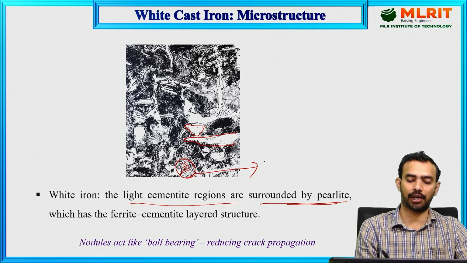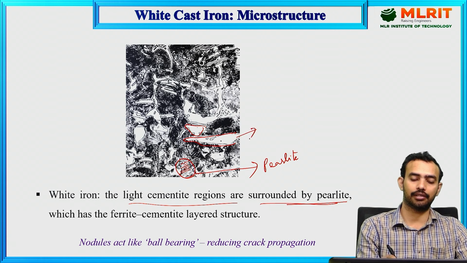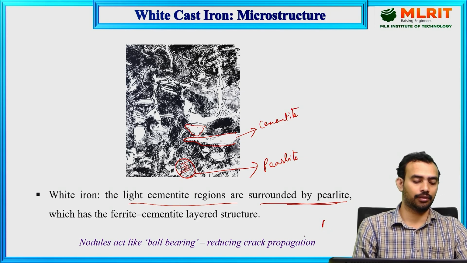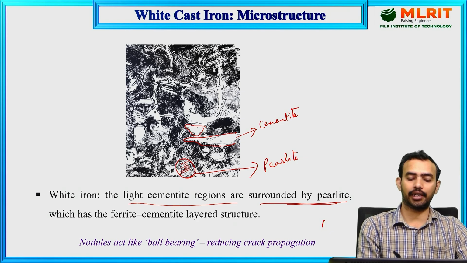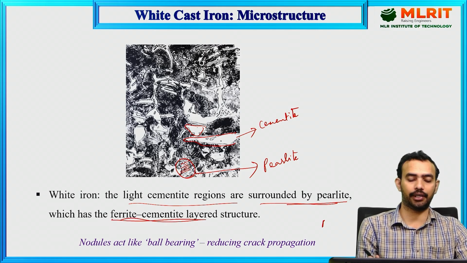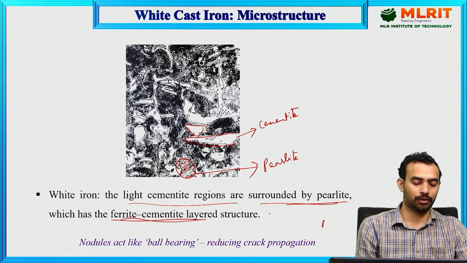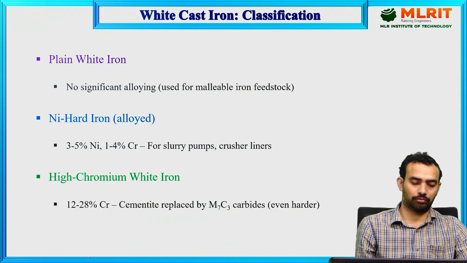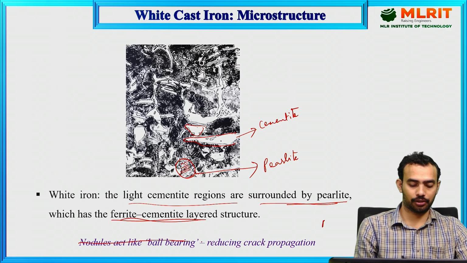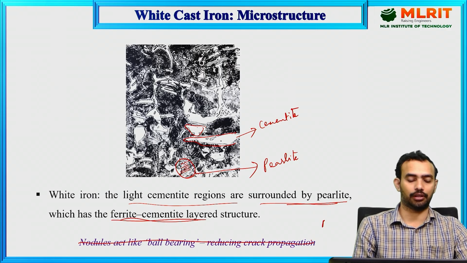This is pearlite here, and this is cementite. This cementite is basically surrounded by the ferritic or pearlitic matrix. Here there will be no nodules. Sorry, there is no nodular structure here.